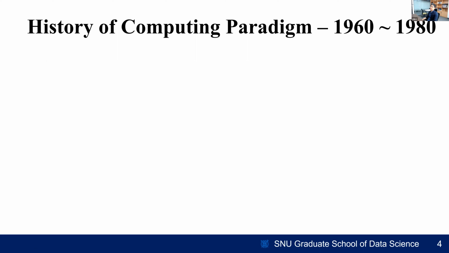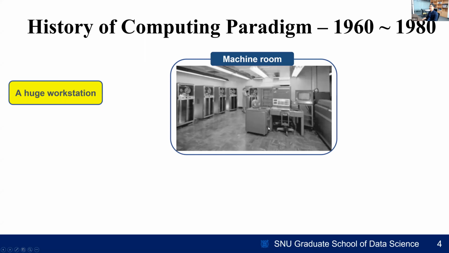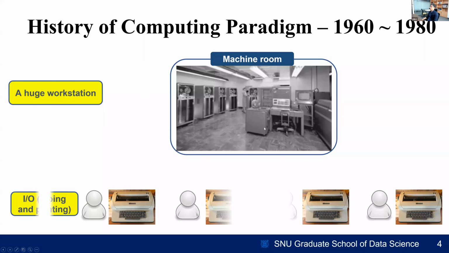From 1960 to 1980, a computer looked basically like this. Basically, a gigantic workstation in a machine room was a single computer, right? And workers in an office room without their own computers just have I/O devices for typing and printing.